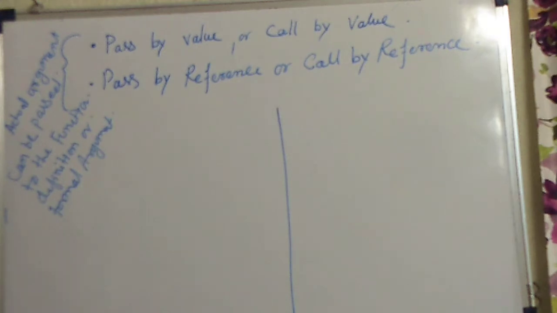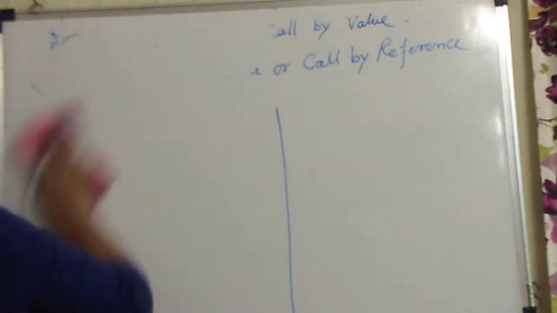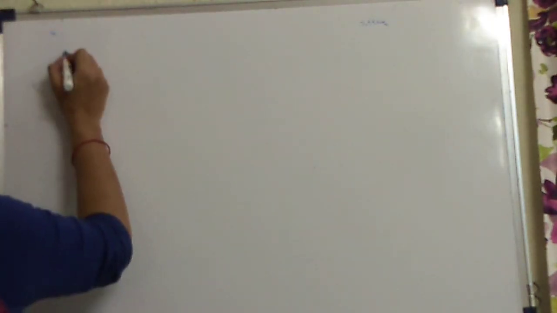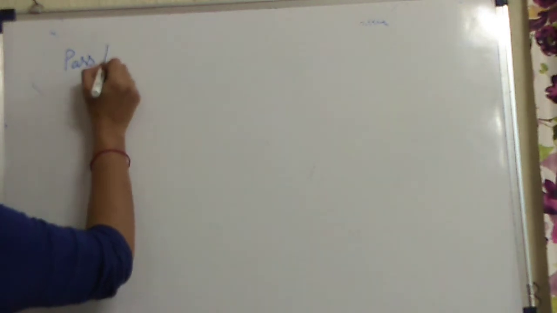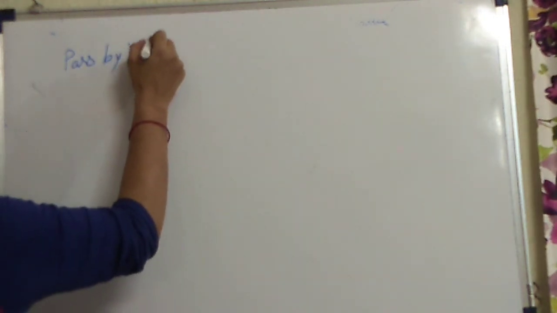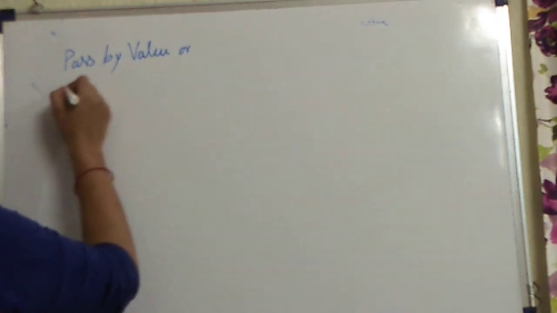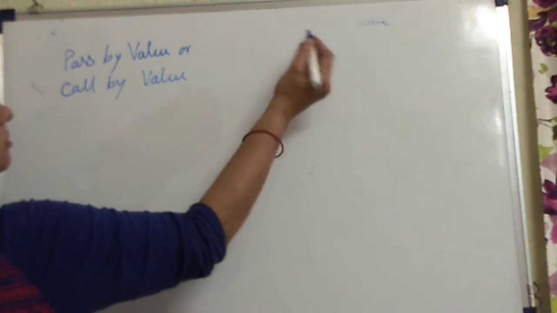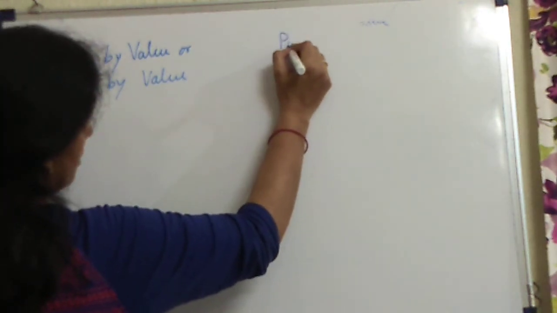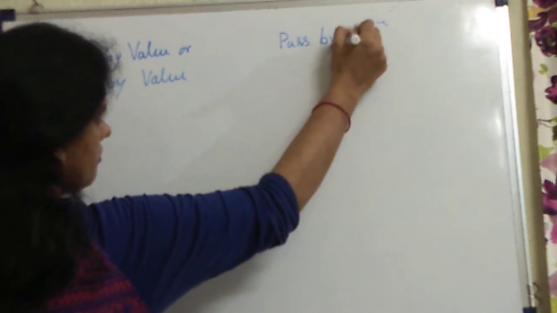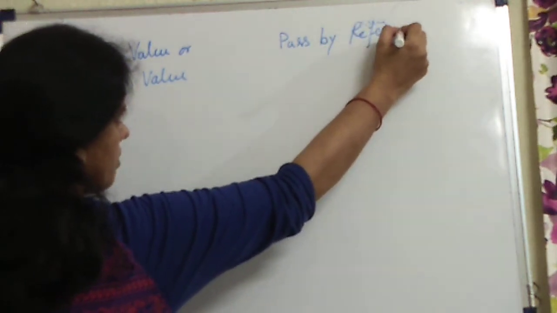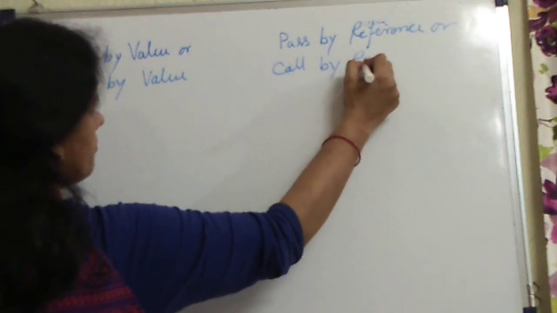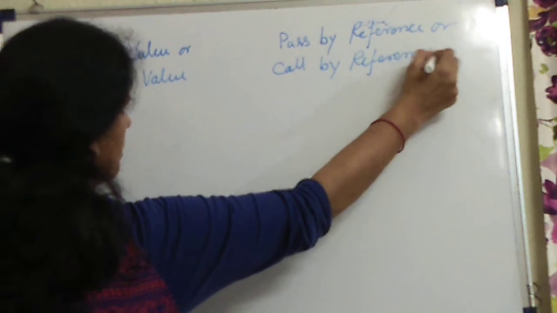Okay, now I am going to write this. This is pass by value or call by value. Here, pass by reference or call by reference.